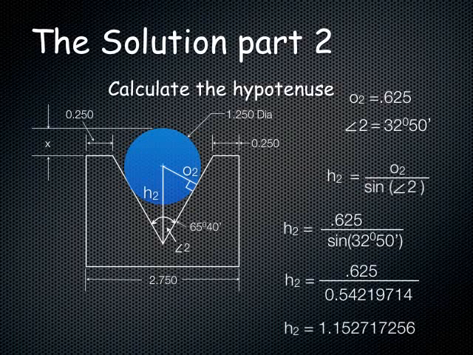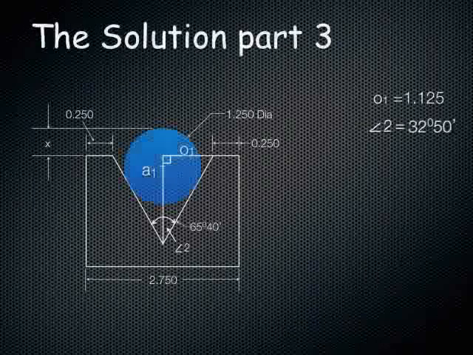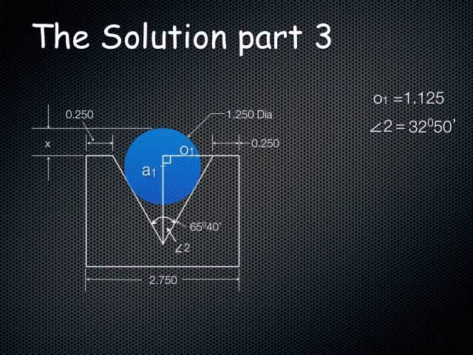Substituting in the value for the sine of 32 degrees 50 minutes, our answer then is 1.152717256. That gives us h2.